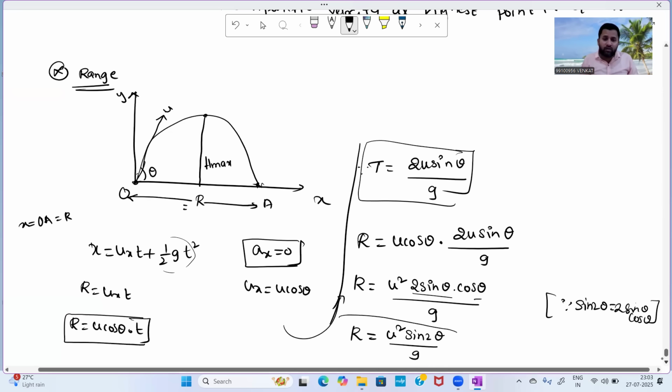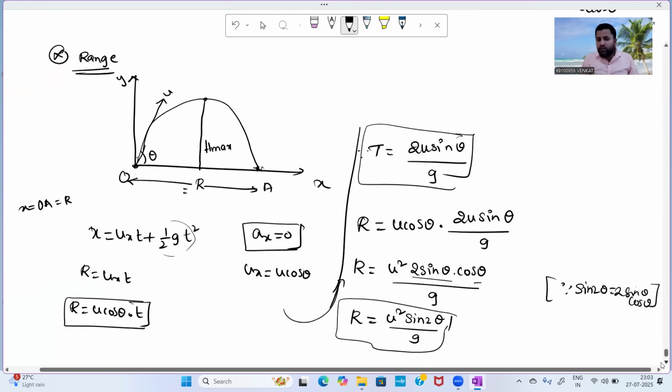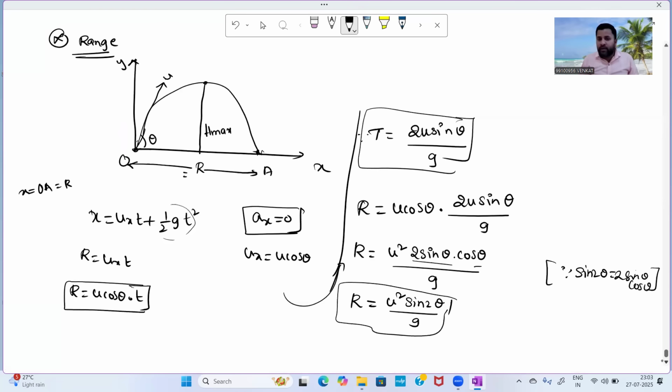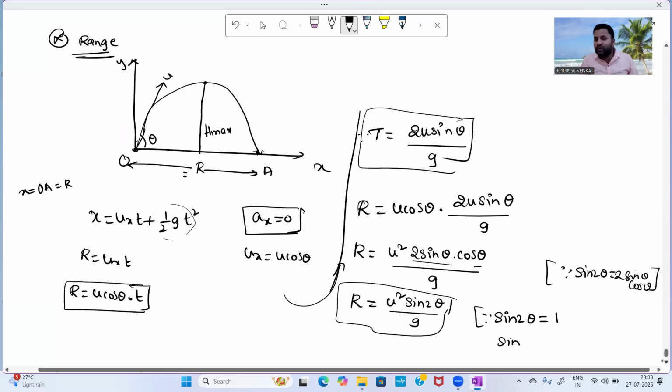What is the range formula now? The range is u square sin 2 theta by g. Then at which angle will the range be maximum? Sin 2 theta will be maximum, that is 1, at sin 90.